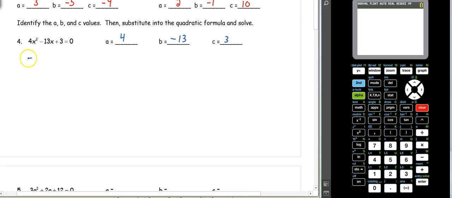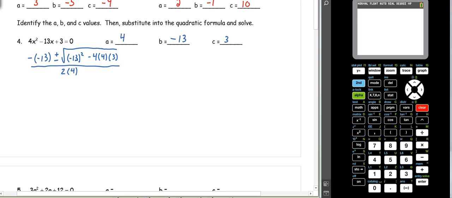Negative b, so negative times negative 13, plus or minus the square root of b squared, so negative 13 squared, minus 4ac, so negative 4 times 3, all over 2a, so 2 times 4.